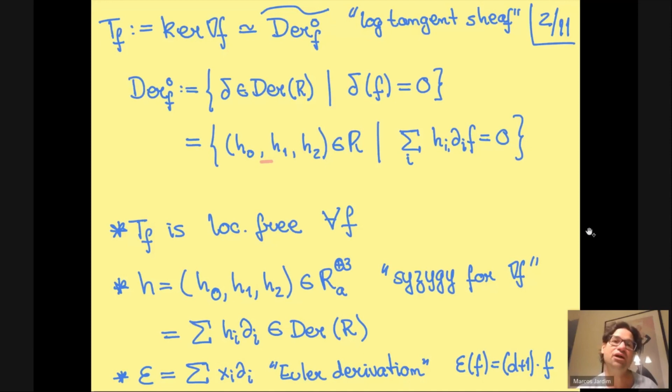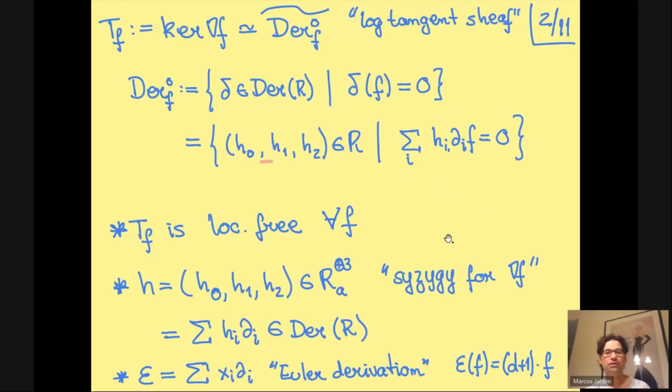So at the points of the curve F equals 0, the sections of this sheaf are vector fields that are tangent to the curve at the points of the curve. In commutative algebra terms, this can be described as a module of derivations. You take all the derivations of the polynomial ring R that cancel F. Another way to say that is you take 3 homogeneous polynomials of the same degree for which this equation holds.